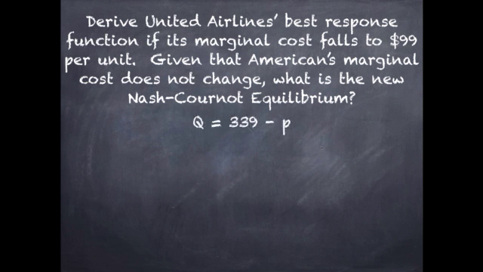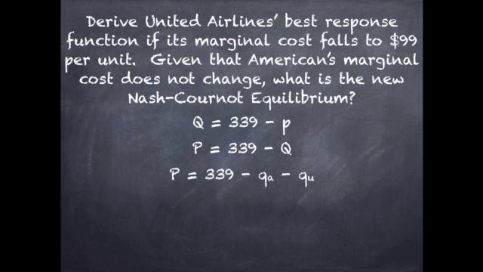So if you remember from your textbook, the demand curve was Q is equal to 339 minus P. We needed to change that into an inverse demand function. So if we just, for example, add P to both sides and subtract Q from both sides, we get P is equal to 339 minus Q. Remembering that this is a duopoly, that United Airlines and American Airlines are the only two firms in this particular marketplace, this Q is just the quantities for United and for American.